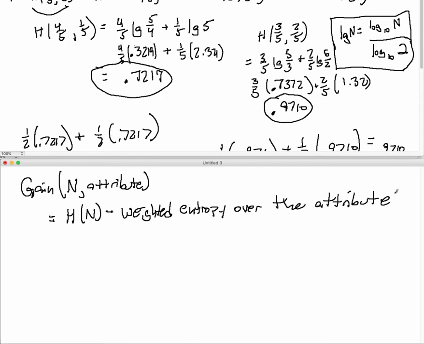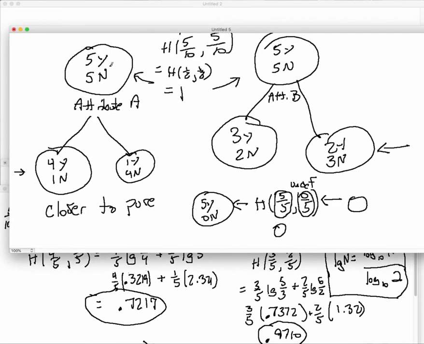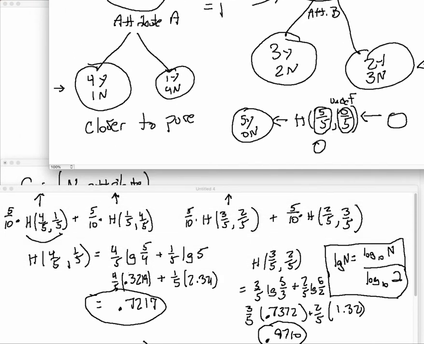So let's see again what that means going back to our drawings over here. First of all, we're trying to calculate the gain going from here down to here. So the gain would be over the original, the parent attribute, the entropy in there we saw is 1.